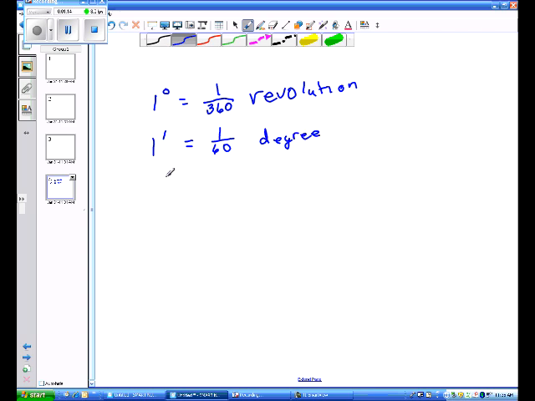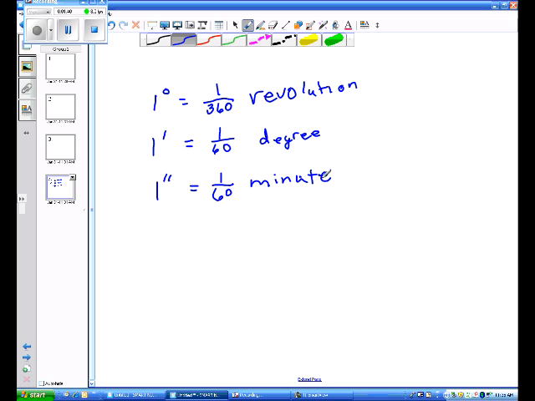And then we break our minutes down into seconds, and we use our inch mark for that. That's equal to 1/60th of a minute. So that means that there's 60 seconds in 1 minute. So we'll be breaking our degrees down into these units.